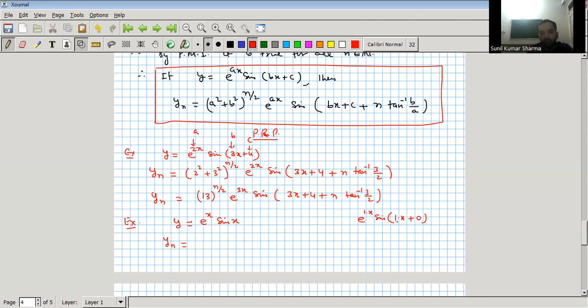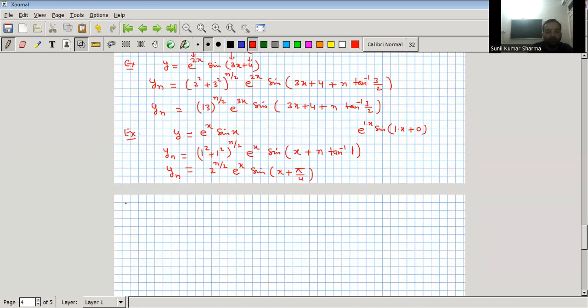So we can write here (1 square plus 1 square) to the power n by 2, e to the power x, sin (bx plus c, so x plus n tan inverse b by a), 1 by 1, tan inverse 1, and tan inverse 1 is pi by 4. So 1 plus 1 is 2, 2 to the power n by 2, e to the power x, sin (x plus n pi by 4). So this is yn.